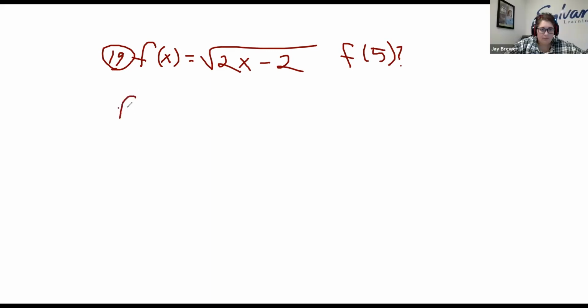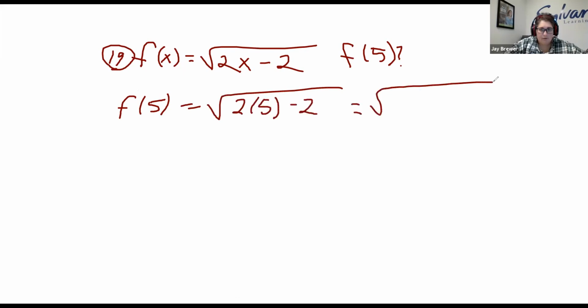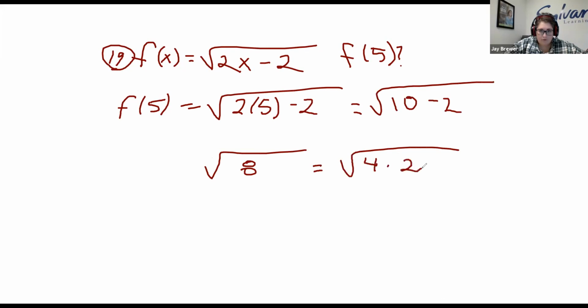So f of 5 equals the square root of 2 times 5 minus 2. So that'll be the square root of 10 minus 2, which is the square root of 8. And that gives us the square root of 4 times 2, which is 2 square root of 2.